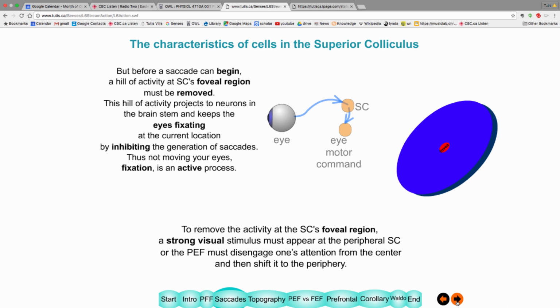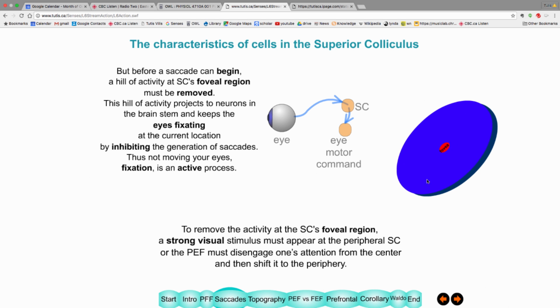Now, when you've got a hill of activity in the fovea, there's something that inhibits more saccades from happening. So through this circuit here, if the signal's coming from the fovea, you remain fixated.